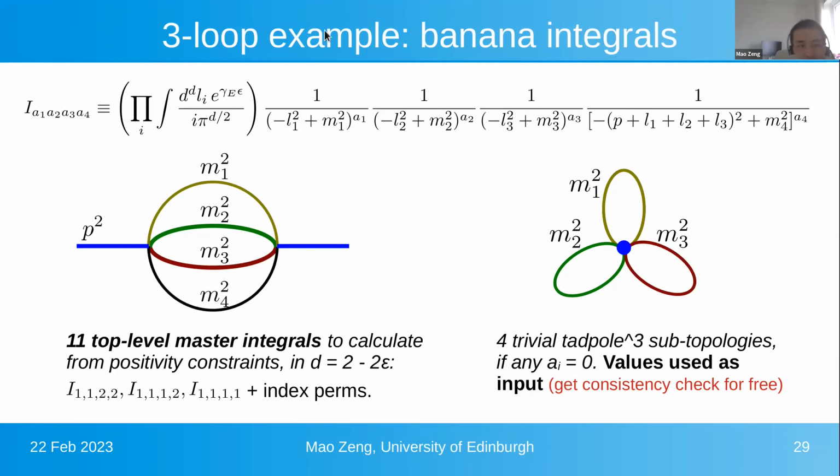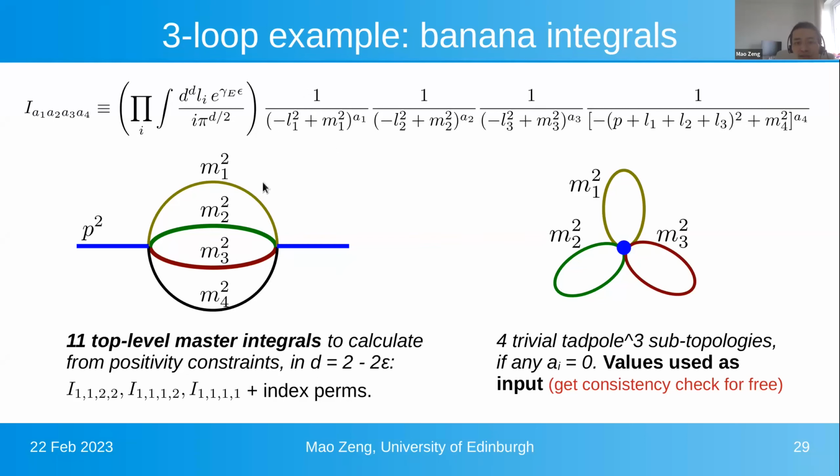Oh, okay. So in my specific example of the three loop integrals, if one of the four propagators is raised to power 0, i.e. shrinks to a point, the integral just becomes the product of three trivial integrals with different masses.